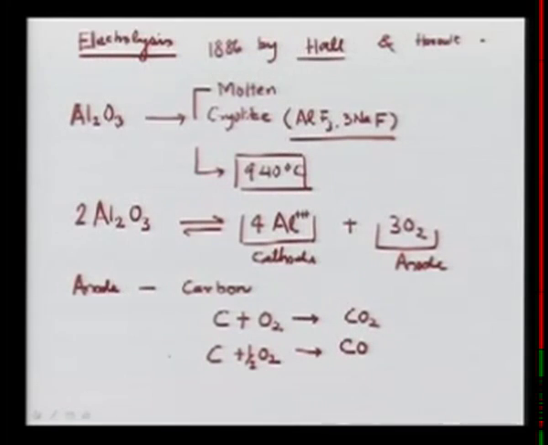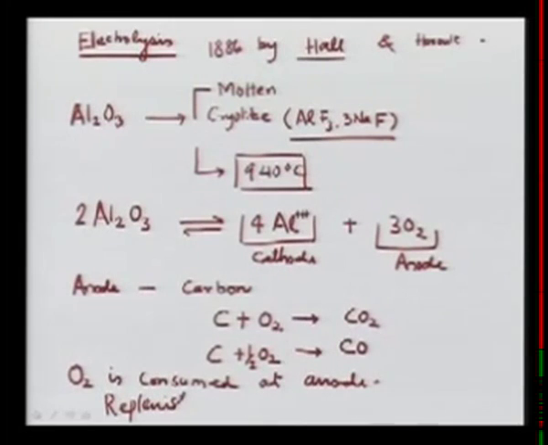Oxygen is, let's write here so that we don't forget, consumed at the anode. So what we need to do is replenish the anode, because that is being consumed. So this is briefly the process through which we can make the aluminium.